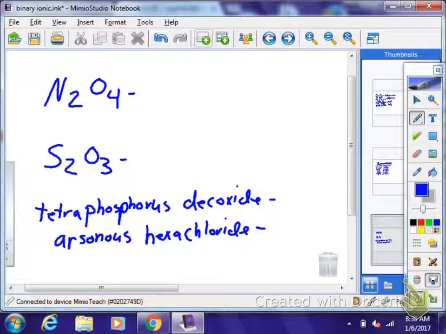Some of these you see a lot in organic chemistry as well, though this is really not organic nomenclature here. These are just molecular.